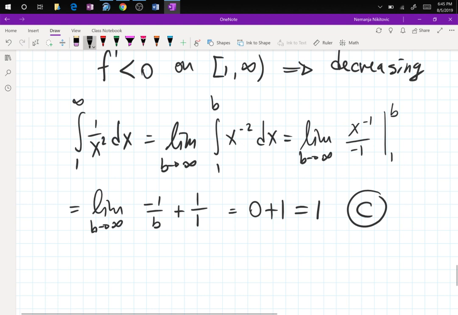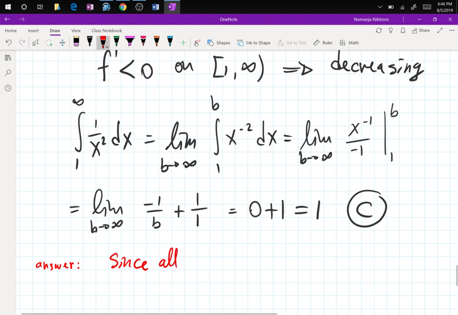Integral converges. This means that the series converges because if the 3 conditions hold, they share the same fate. If the integral converges, series converges. So now you get to write the same sentence as earlier as answer.